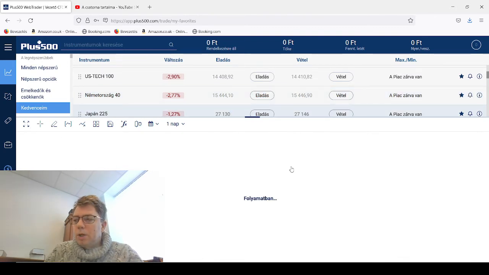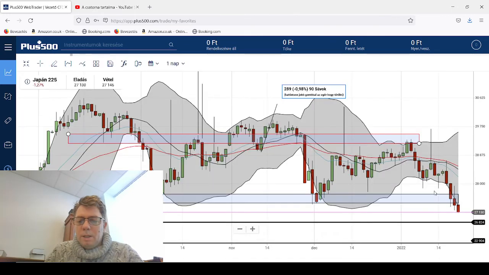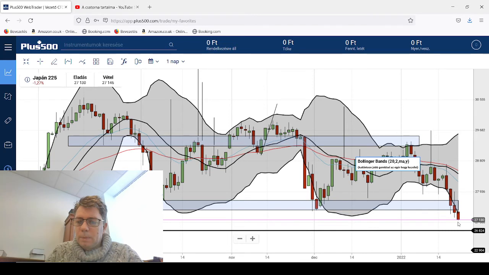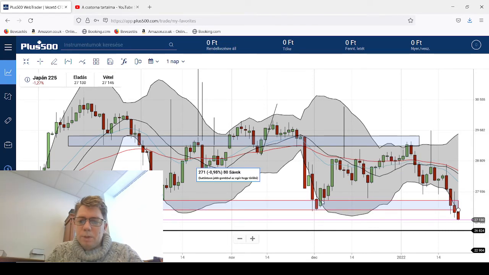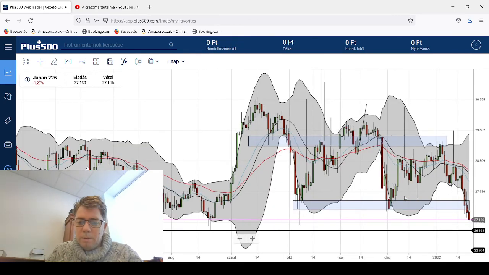Let's go over to Japan and the Japanese index. That's the daily chart on the Japanese index, and we came below this support zone. That's a bad sign, and now we are spending time there, but yeah, let me just draw something here.